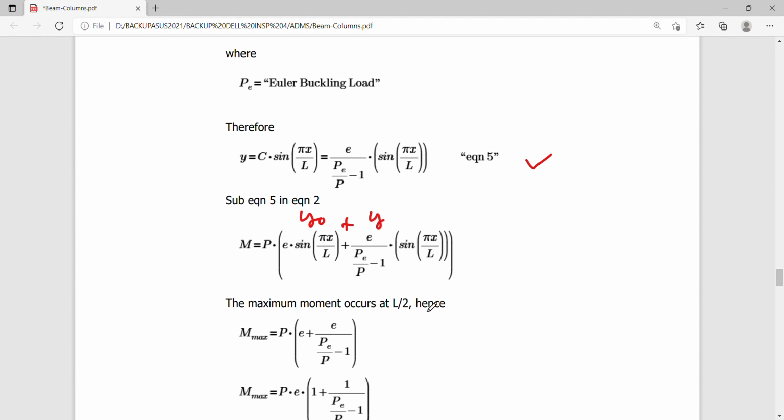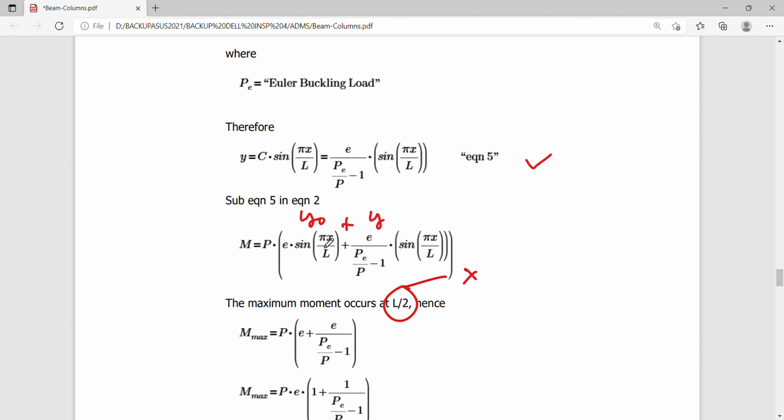If we know that the maximum moment is always at the midspan for a simply supported or pinned ends, then this will give you a value at x equals L over 2. Okay, so this will be substituted in this.